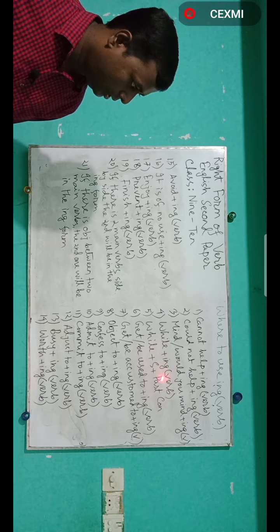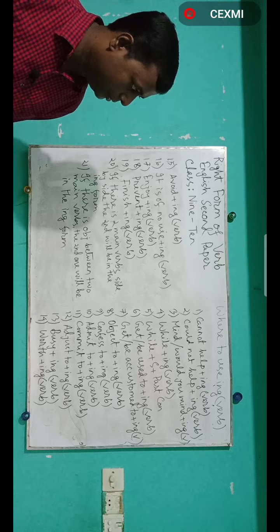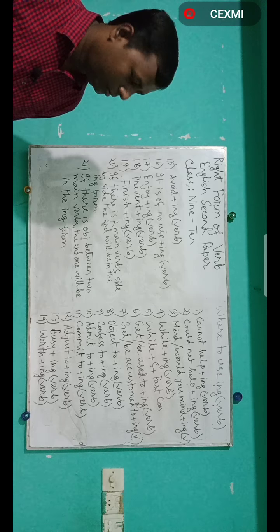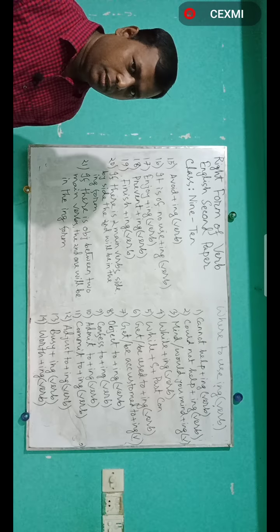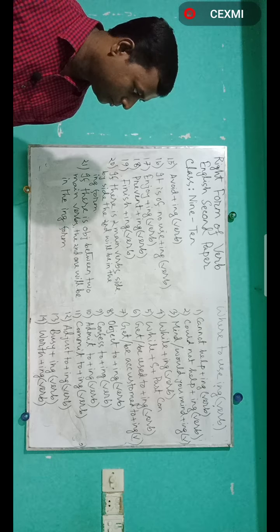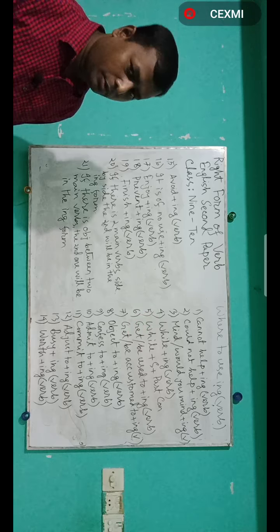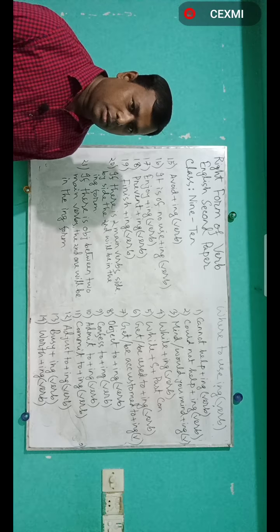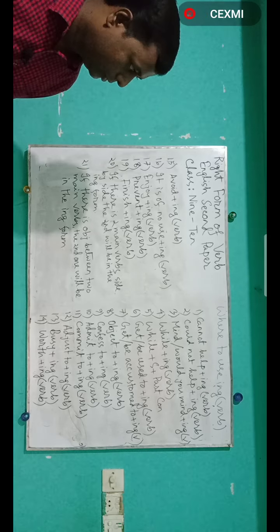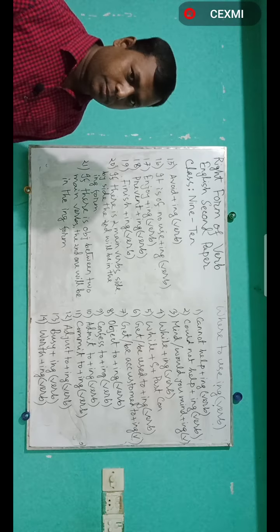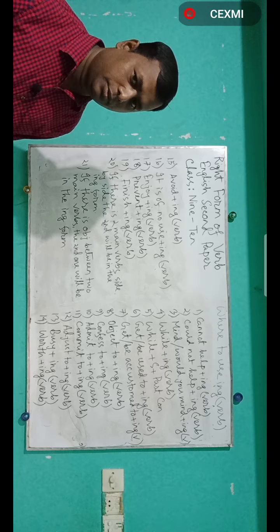Then come to the next one, number 4. After while, ing form of verb is used. For example, while playing football, he got injured. Then come to the next one, number 5. While plus subject plus past continuous tense. Dear students, what is the structure of past continuous tense?